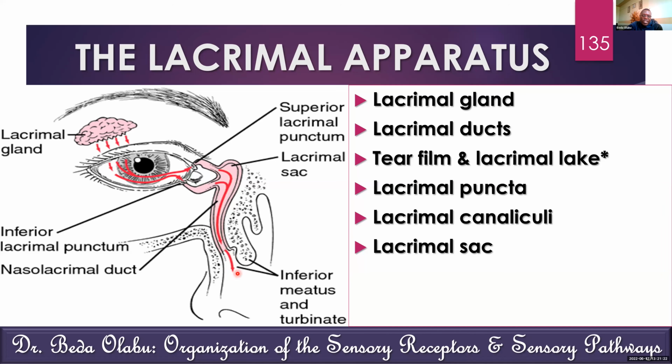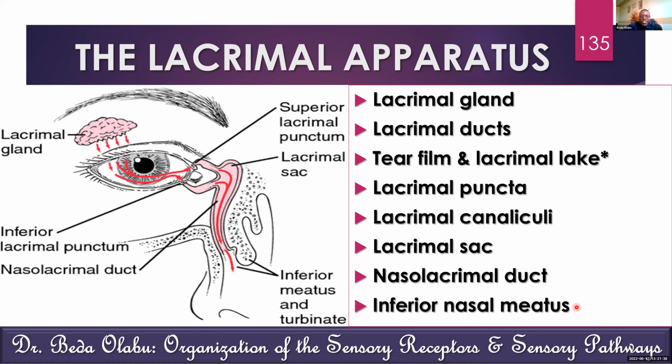It opens in the inferior nasal meatus, which is below the inferior nasal turbinate. That channel is called the nasolacrimal duct. So that's the path followed by tears from the lacrimal gland all the way to your nose. That's why sometimes when someone is crying, they'll also be passing something through their nose.